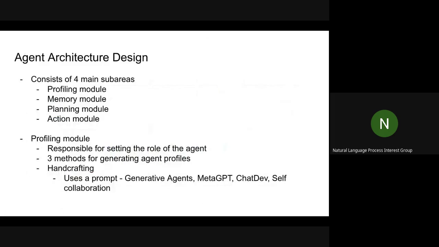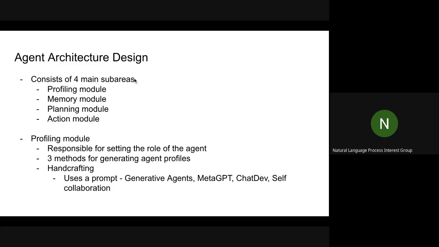It breaks the process down for agent architectures into 4 sub areas: the profiling module, the memory module, the planning module, and the action module. These are the main components that any agent needs to have, and it discusses how each paper contributes to one of these areas.